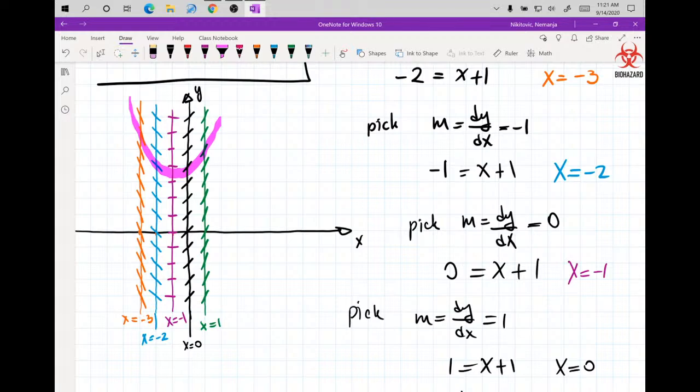And then later, you just need to snake your solution curves, guided by these lines. Believe it or not, that's 1.3. There's not much to it once you understand how the whole procedure works.